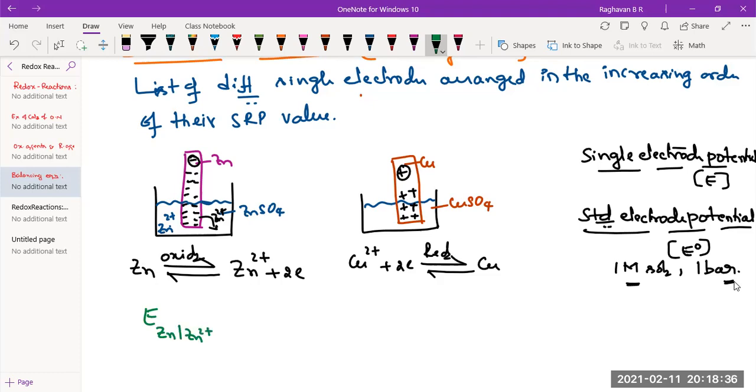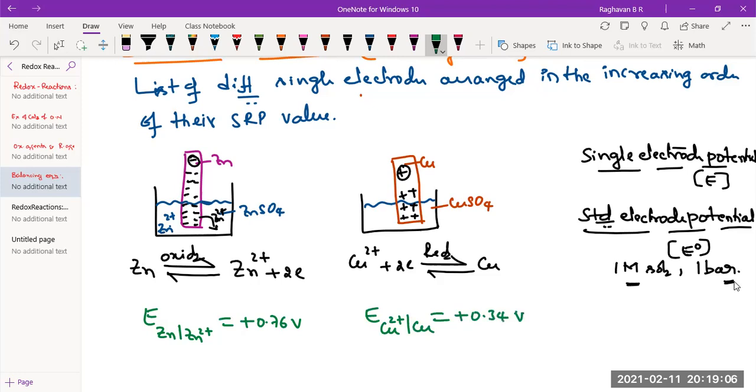See, the symbol itself, Zn | Zn2+, indicates oxidation. And it is found experimentally for the zinc electrode that the oxidation potential is +0.76 volt. Whereas in case of copper, reduction is happening, so the potential developed is called reduction potential. How do we represent it symbolically? E of Cu2+ | Cu, it is found experimentally to be +0.34 volt.